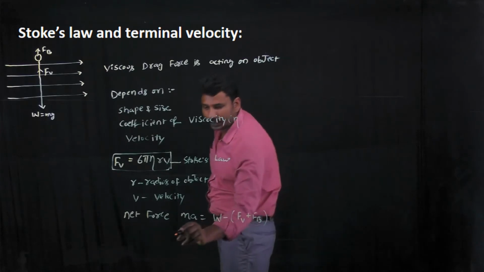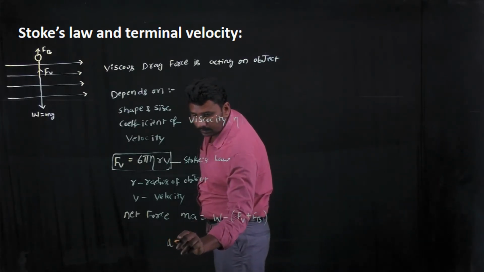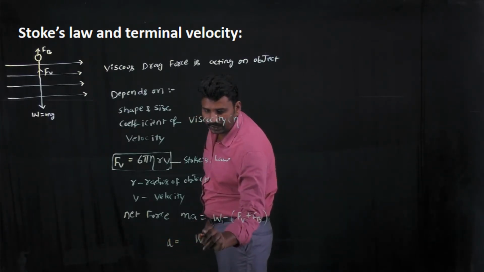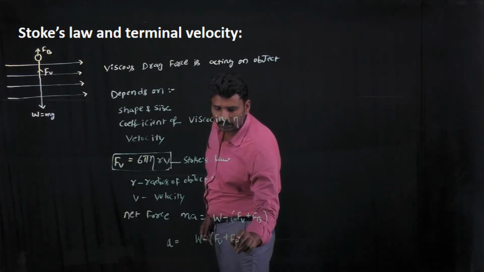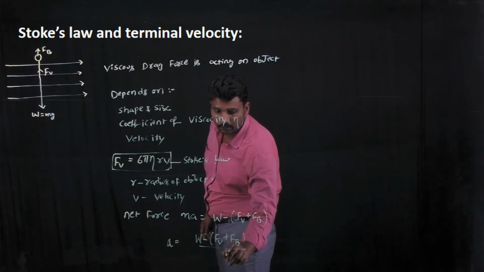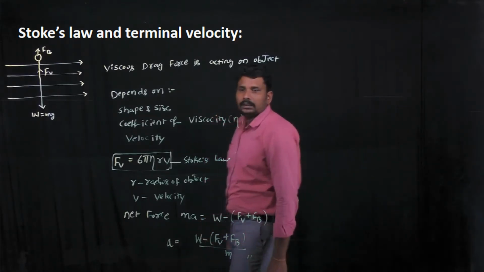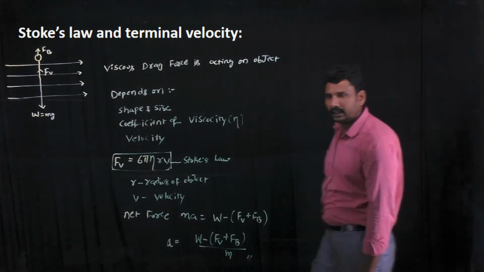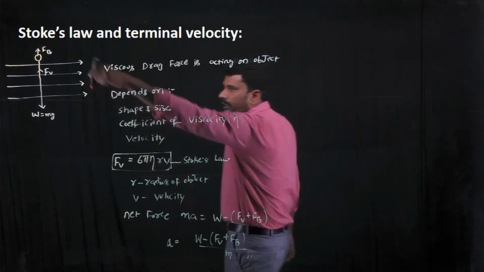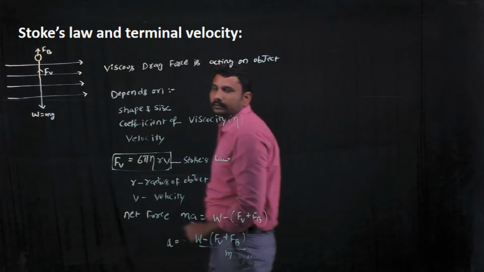From this expression, acceleration can be written as W minus Fv, the viscous force, plus the buoyancy force, divided by the mass of the object. This is the expression for a spherical object when it falls through a fluid.